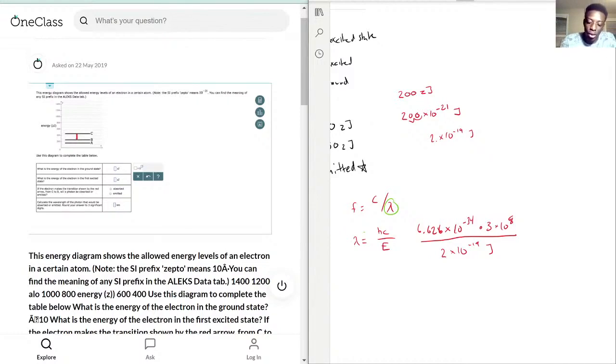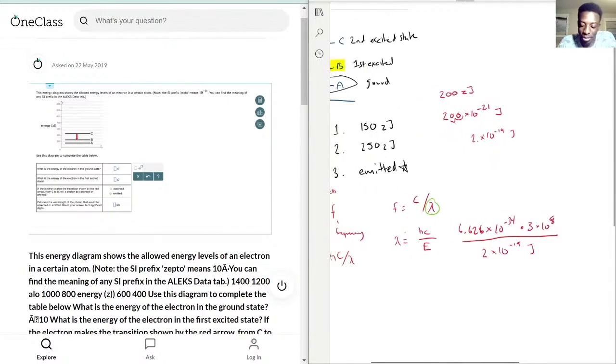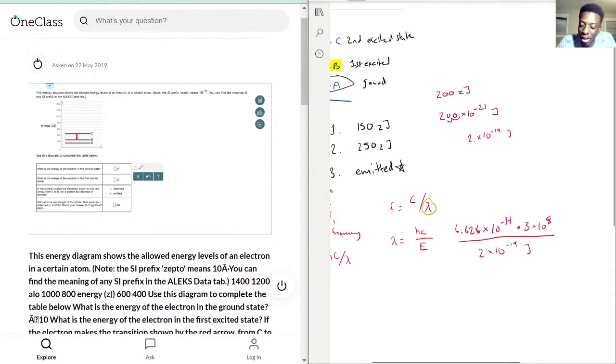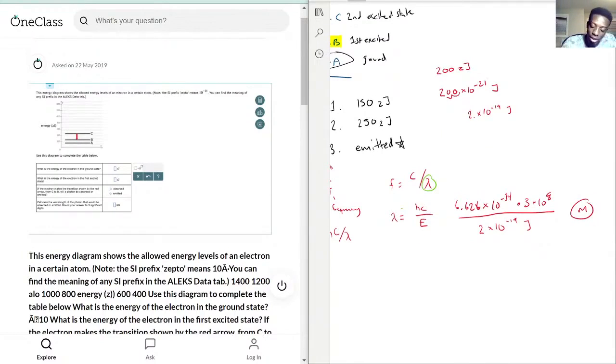Don't worry, Planck's constant has all the right units, and in the end you should end up with meters. So you just plug this into a calculator and you get a value of 9.94 times 10 to the negative 7 meters. That is the wavelength.